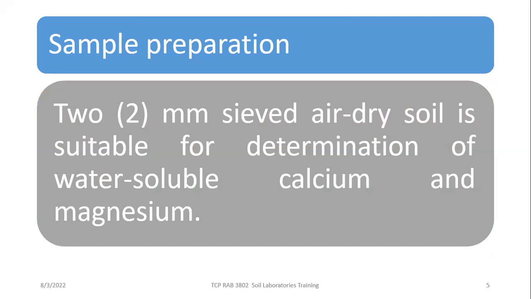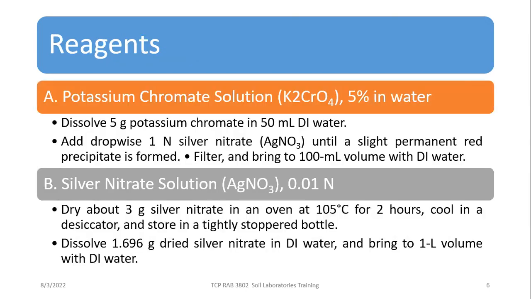For determination of chloride in the soil, the sample preparation is like the previous one: air-dried, 2 millimeter sieved soil is suitable for determination of water soluble chloride. We move to the necessary reagents for determination of chloride.